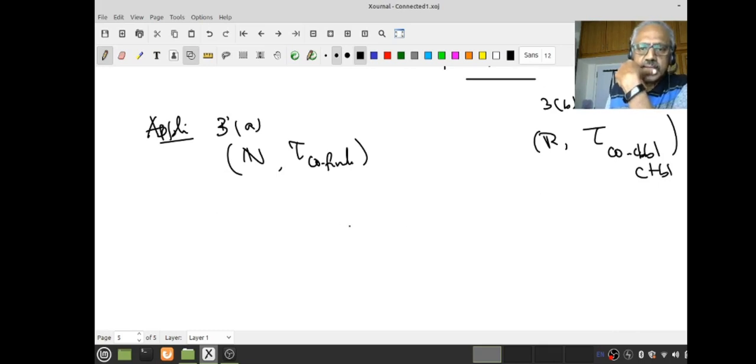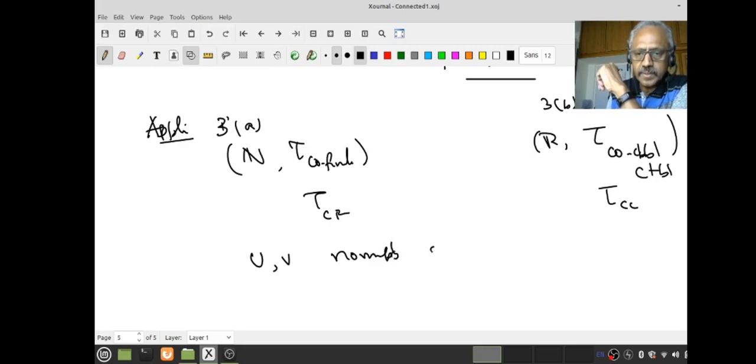Let me call them tau_CF and tau_CC. Now what do I know? In these spaces, if you take U and V non-empty open sets, they always intersect. In any of these spaces, they intersect always.